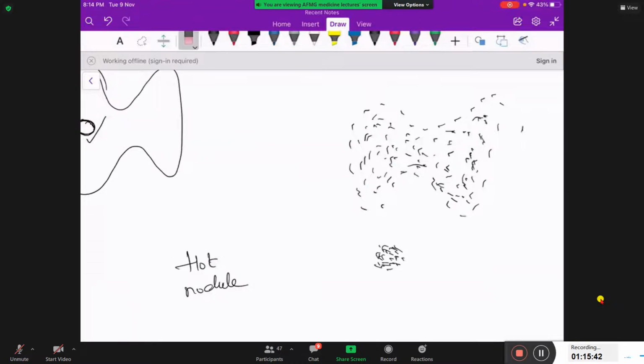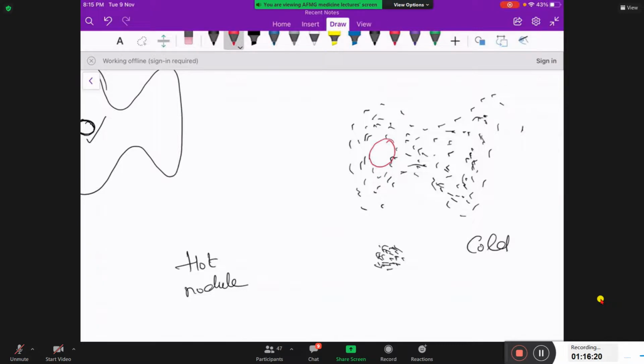You will get a butterfly in the neck, but at the site of the nodule, you will have a white spot. When you get a white spot at the site of the nodule and the rest of the butterfly is seen, it is a cold nodule. So if at the site of the nodule there is a white spot, it is a cold nodule, and the rest of the butterfly is seen.